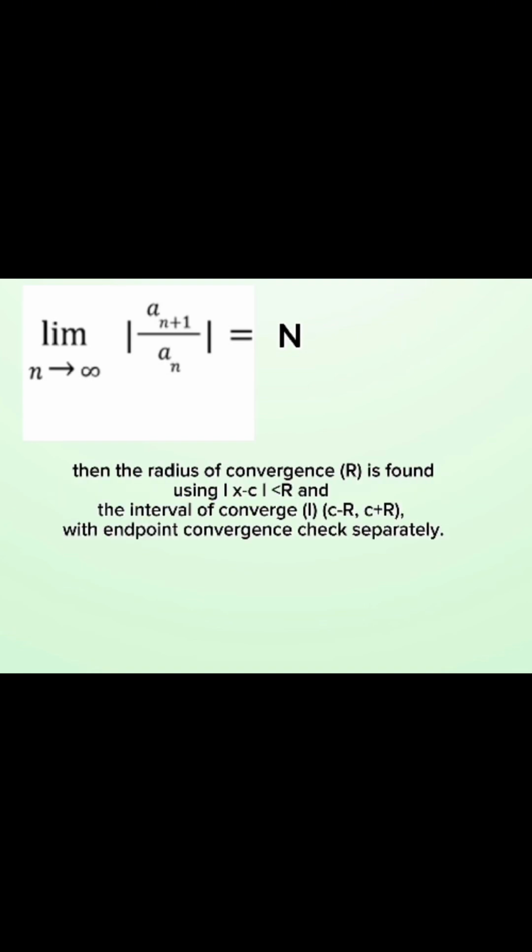And the last, if the limit is a finite non-zero value in terms of x, then the radius of convergence r is found using the absolute value of x minus c is less than r, and the interval of convergence is c minus r to c plus r, with the endpoints checked separately.